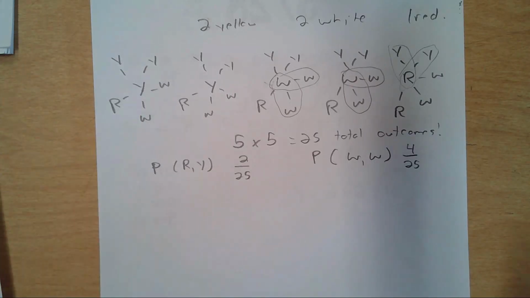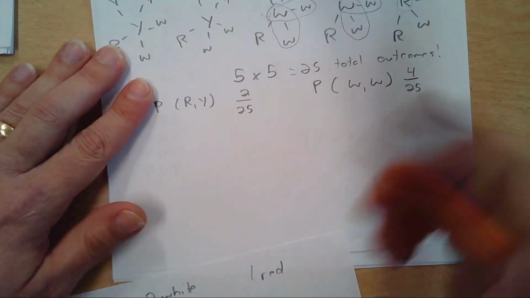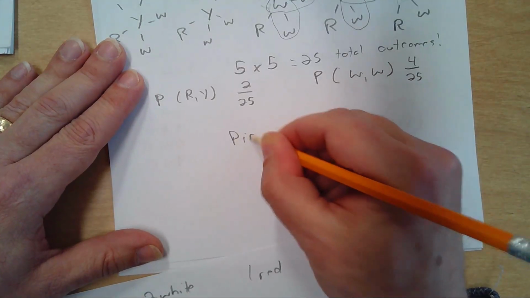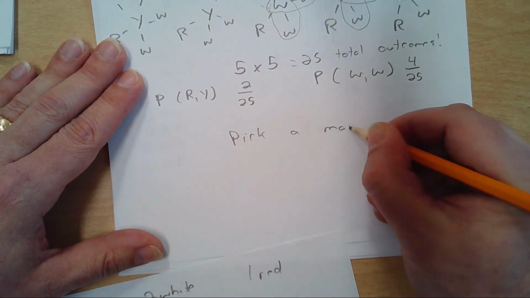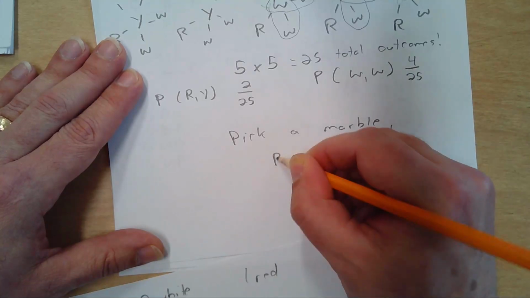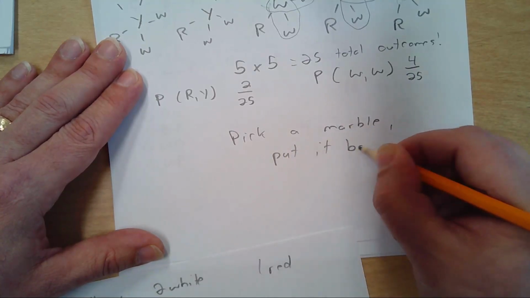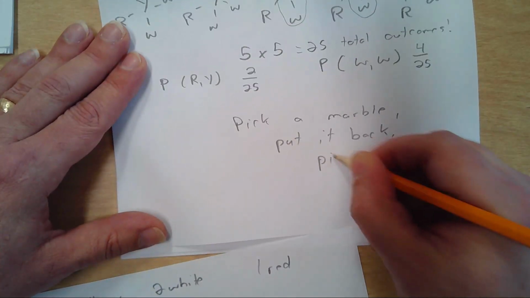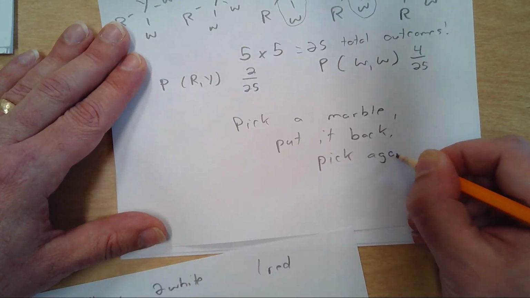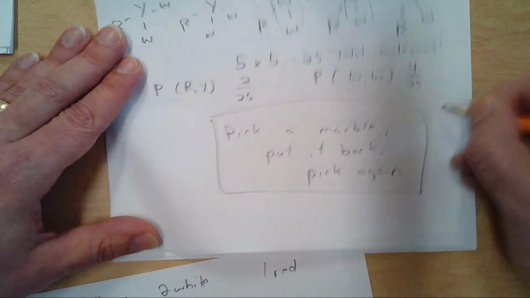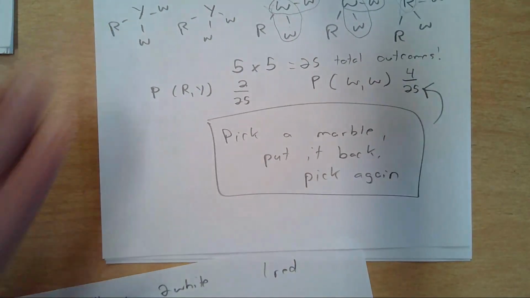And again, when you're looking at your notes, pick a marble. This is what we did here. Put it back. Pick again. This is what we just did up here.